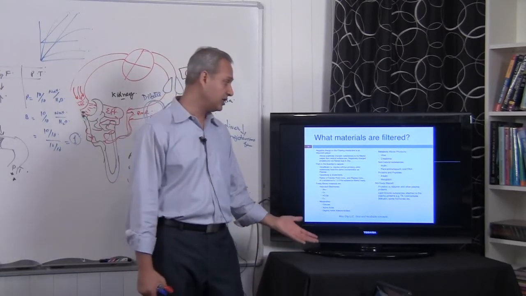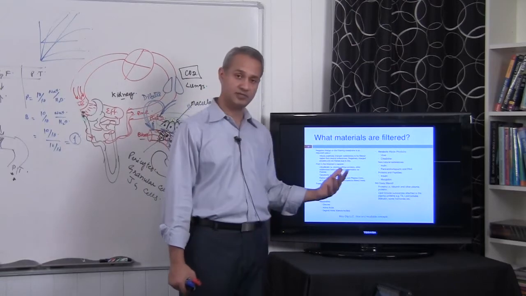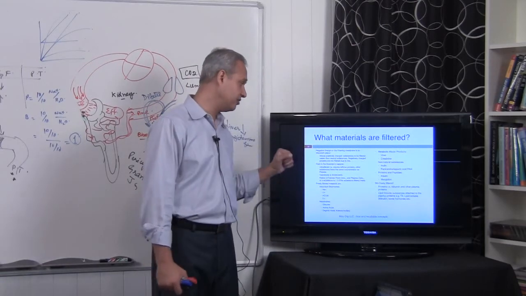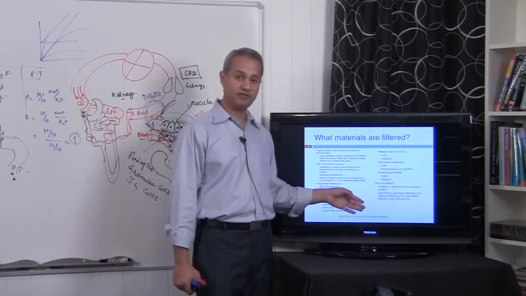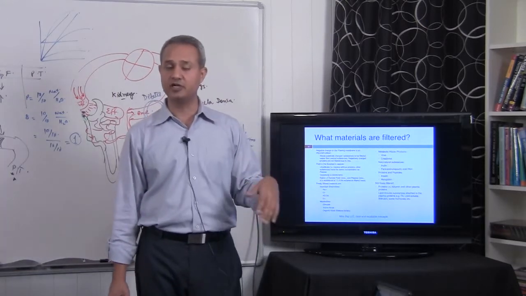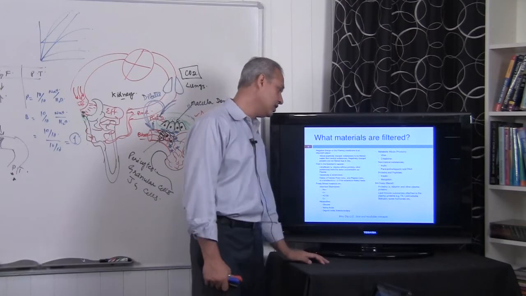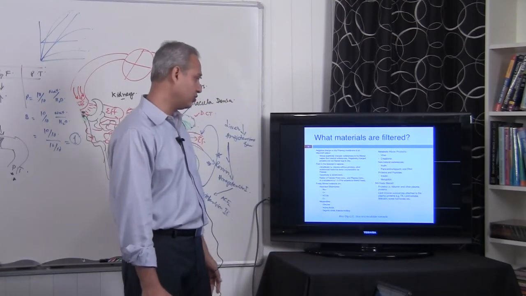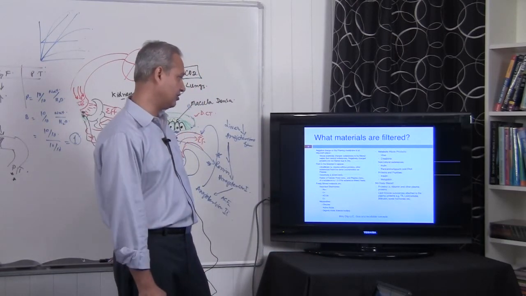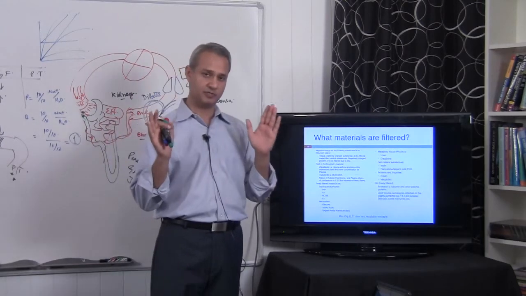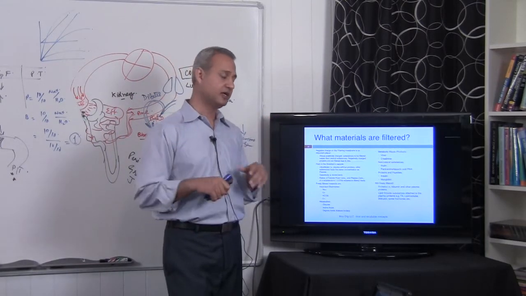Proteins and peptides, insulin and myoglobin, these can be filtered as well. Not freely filtered. So what substances do not filter? Proteins do not filter. Lipid bound substances, for example T4, bilirubin, and other hormones, they do not filter. So remember this is an important list to keep in mind.